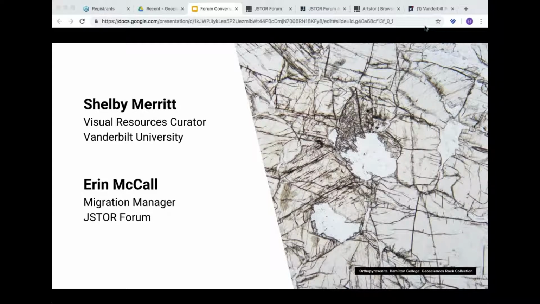But this was an experience moving into the more migration manager role, in which it was moving a large collection of content into Forum and assisting Shelby and Vanderbilt to get that up and running so that she could start working on her workflows right away.